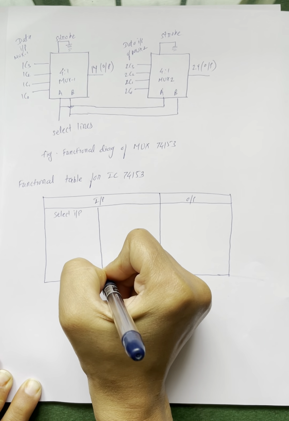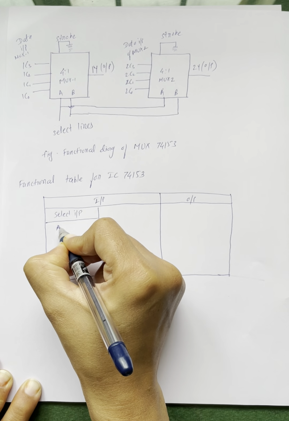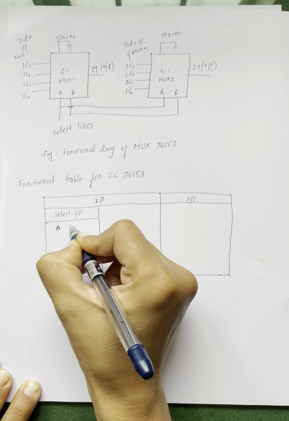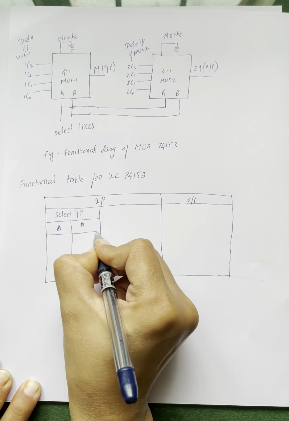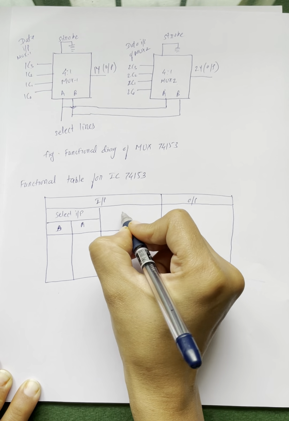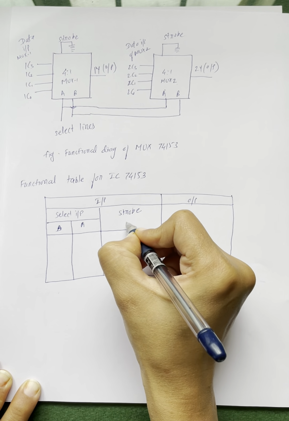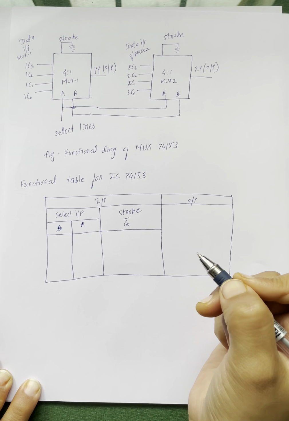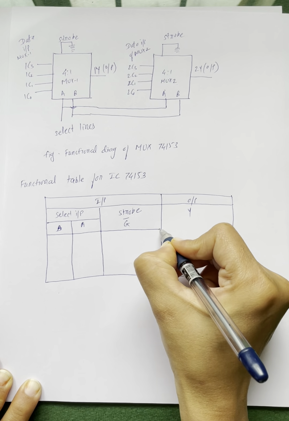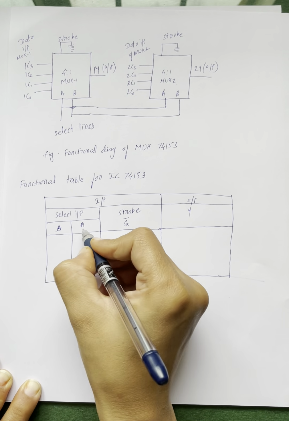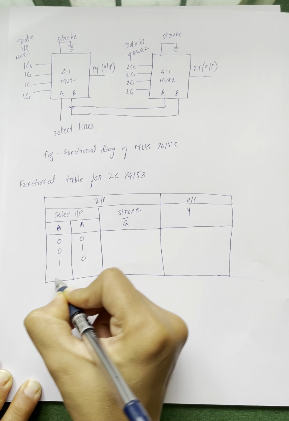Here two select inputs are there, that is A and B. A will be your LSB bit and B will be your MSB bit. This is strobe, and strobe is active low, so that's why I will show G bar, and this is your output Y. Now two inputs are there, so how many combinations? 4 combinations will be there.